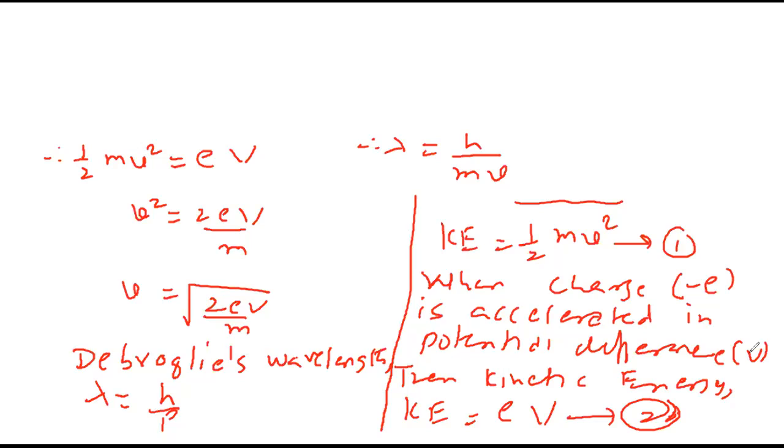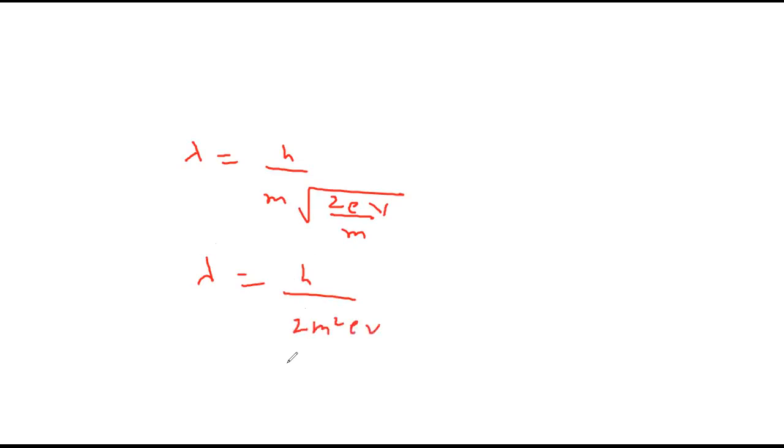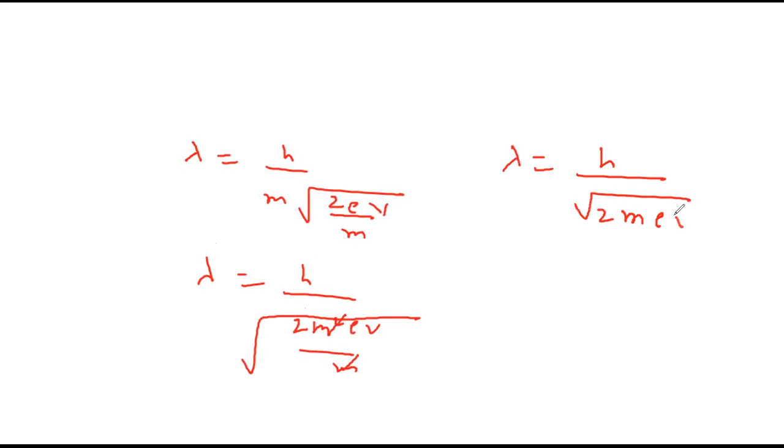Lambda equals h upon mv. Therefore, lambda is h upon m, v is root of 2eV upon m. That will become root of m square into 2eV upon m. Cancel m, one m. So lambda will be h upon root of 2meV.